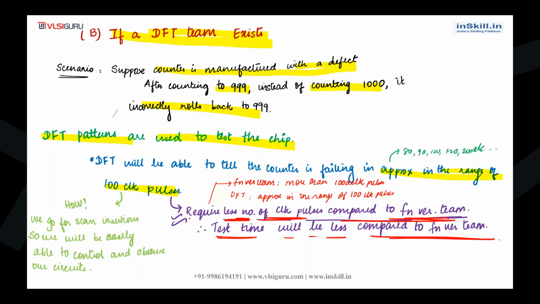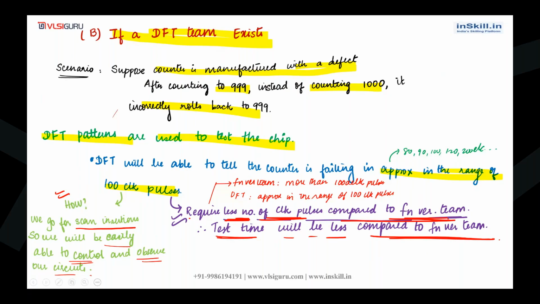And how is the DFT team able to tell that the counter is failing in approximately 100 clock pulses? That is because we will be going for a technique called scan insertion, because of which we will be easily able to control and observe our circuits.